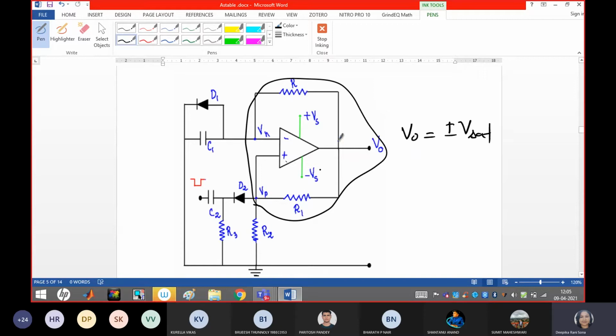But along with this circuit, we have the arrangement of R1 and R2. R2 is connected to ground, and we have a diode D2, a diode D1 and C1. Capacitor C1 is connected at the inverting input terminal.